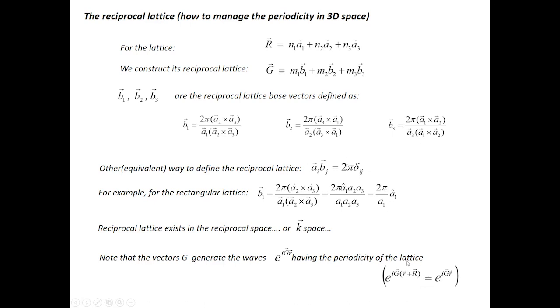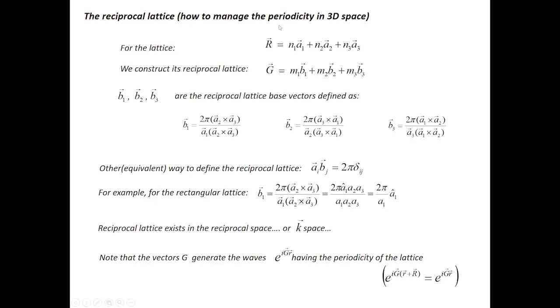So this is just multiplied by 1. This is very easy to see. So when you have these G vectors, you can generate waves having the periodicity of the lattice, of the real lattice. So this is the way to see the periodicity of the lattice R.